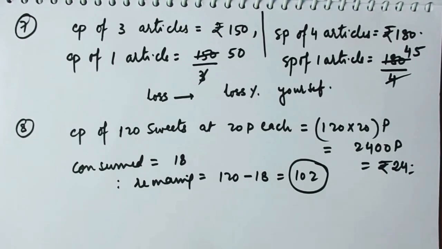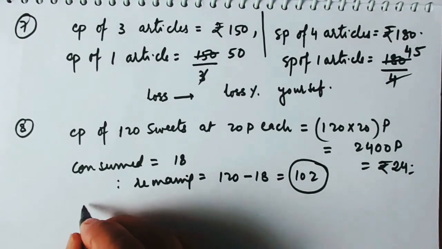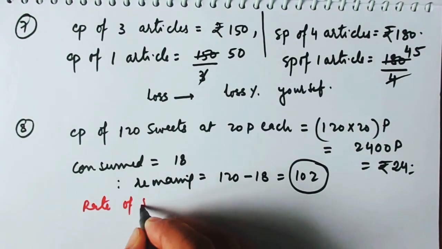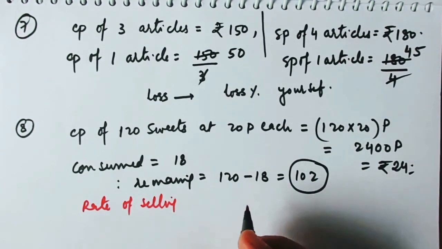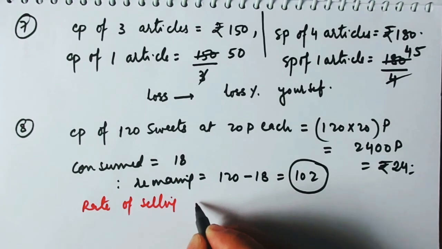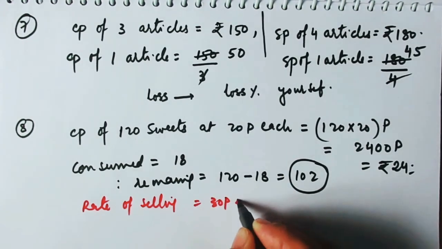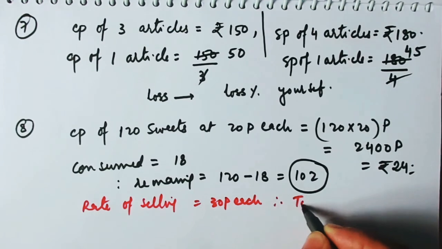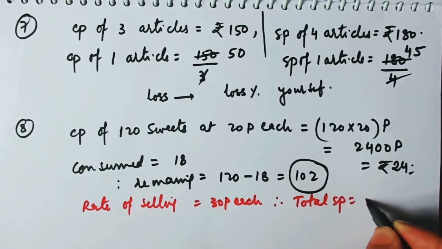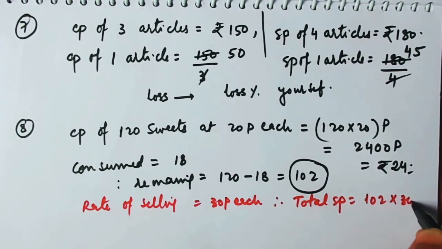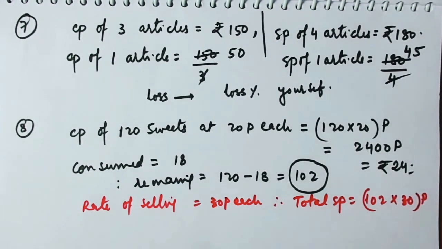And the rate of selling these 102 sweets is 30 paise each. Therefore, total selling price will be equal to 102 into 30 paise. When you multiply 102 into 30 paise, what will you get? So let's multiply and find out.